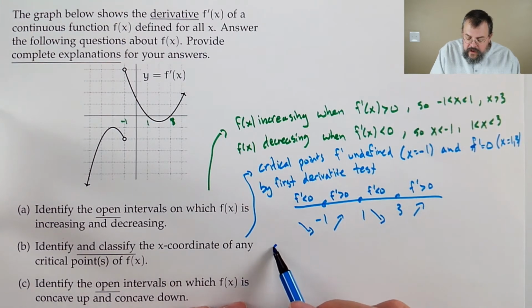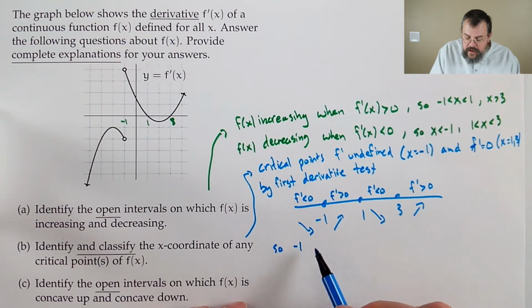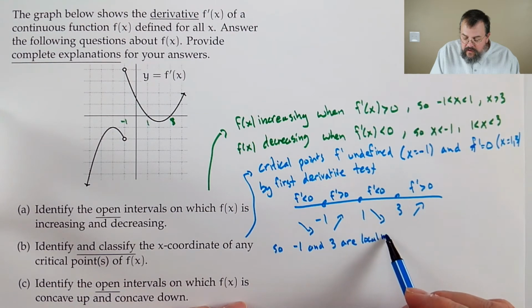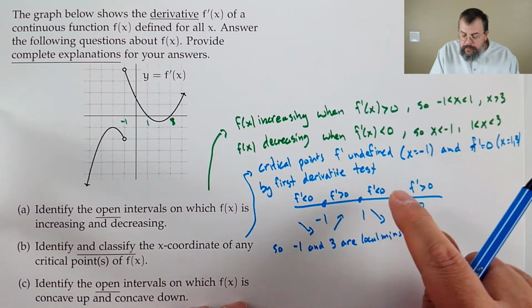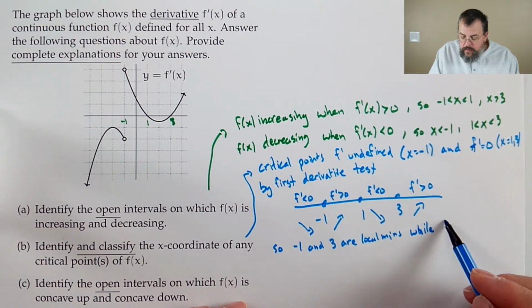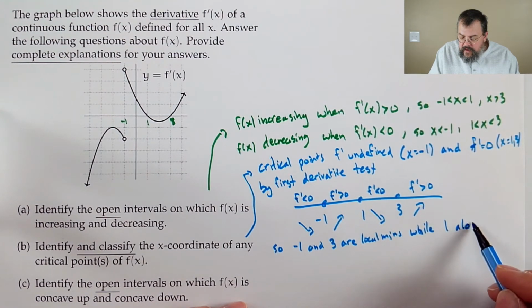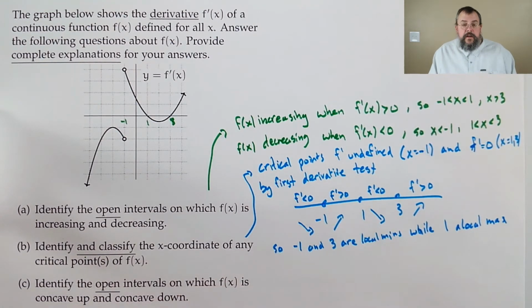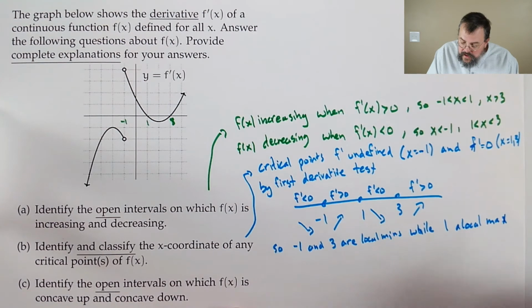So -1 and 3 are local mins, because you can see at those places down, up, while 1 is a local max, because what do we see? Up, down. All right, good, done.